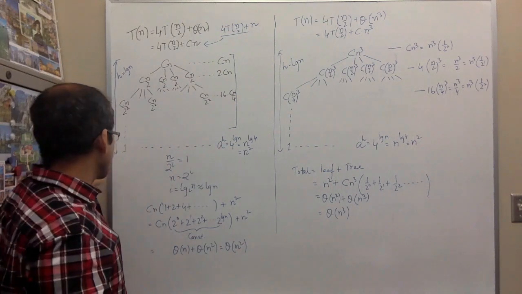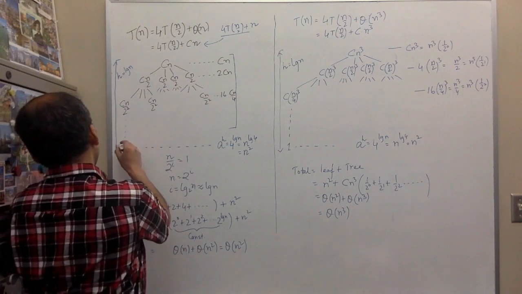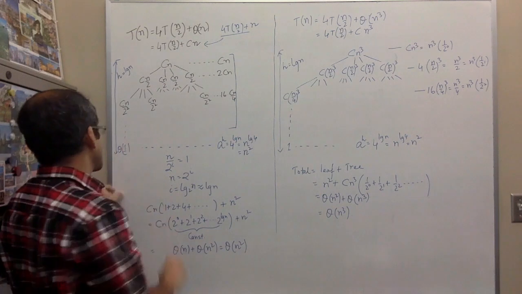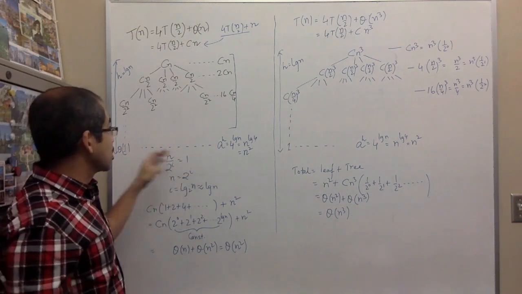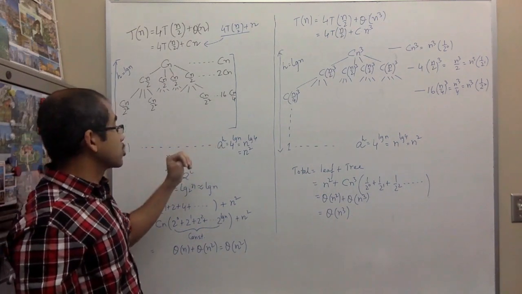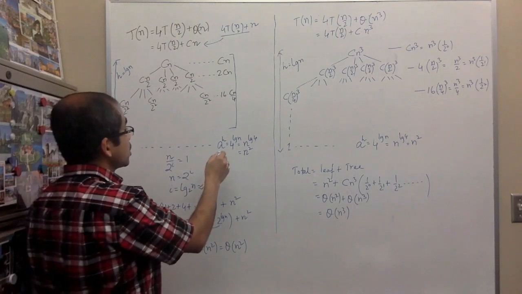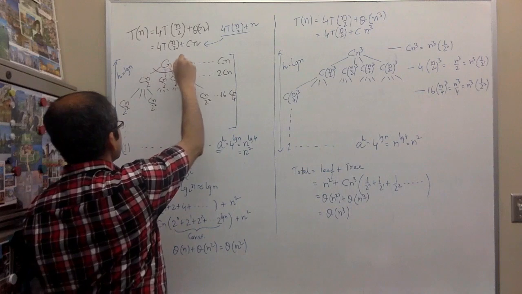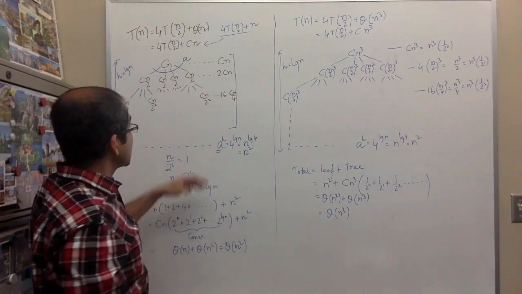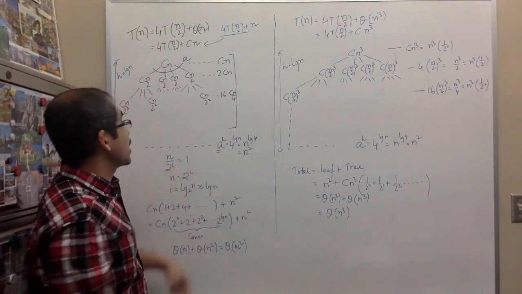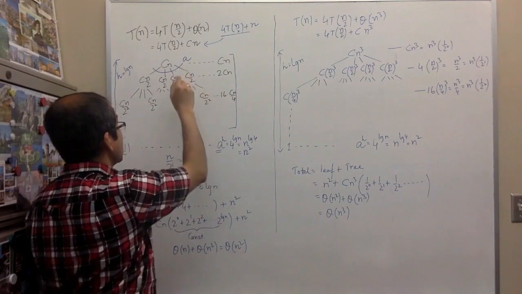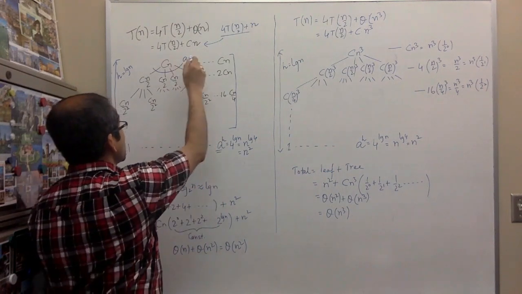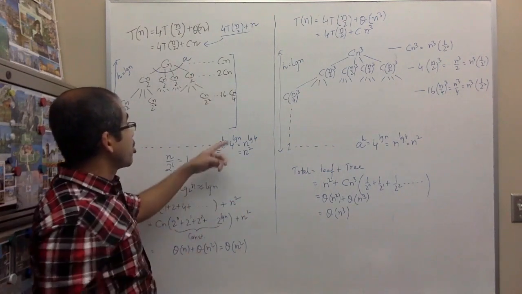So what is the cost of the sum of the nodes at the leaf level? Every node takes theta of 1 time to execute whatever operation. So the total time is equivalent to the total number of leaves, and in this tree the total number of leaves is a^h, where a is the number of children at every stage and h is the height. Here a = 4, 4 children at a time, so 4^(log n).